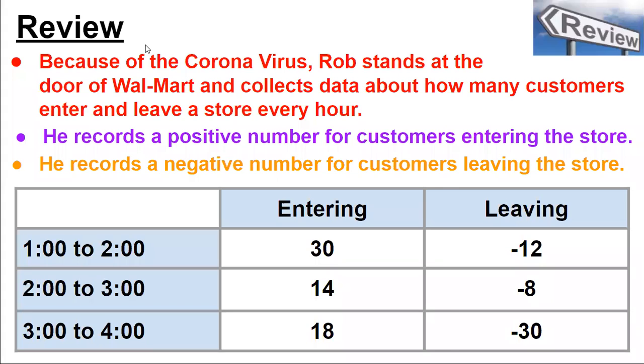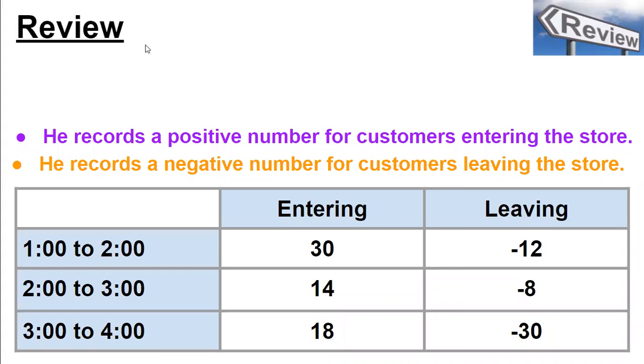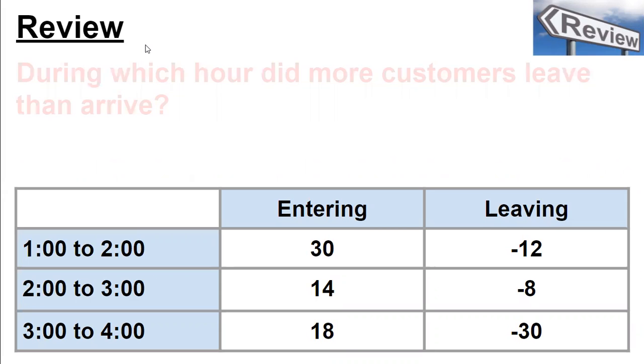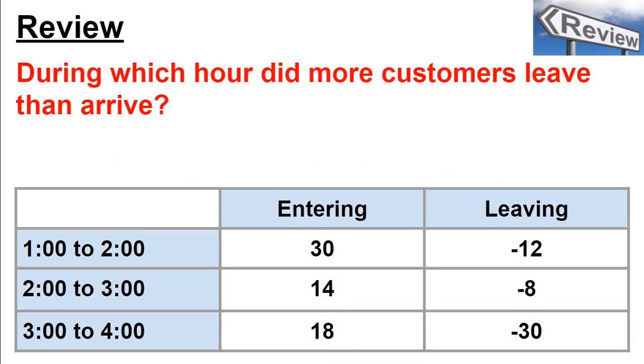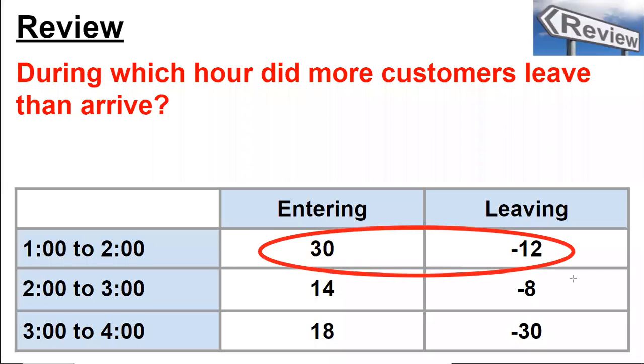What question are we going to be asked? During which hour did more customers leave than arrive? Look at the columns. Which column has more people leaving than people arriving? So you're going to be comparing these two numbers. Did more people leave there? No, right?